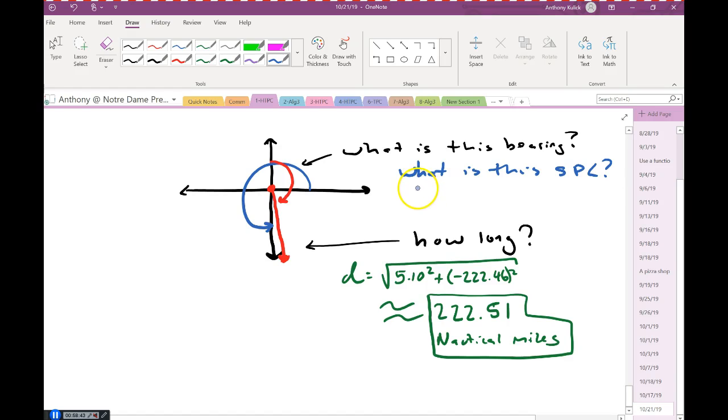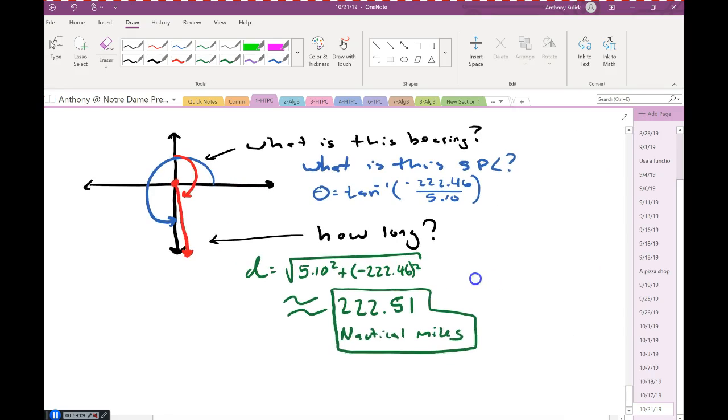So I know that I can do this using tangent, because I have a y and an x. I remember from our unit circle definition of tangent, tangent is y over x.